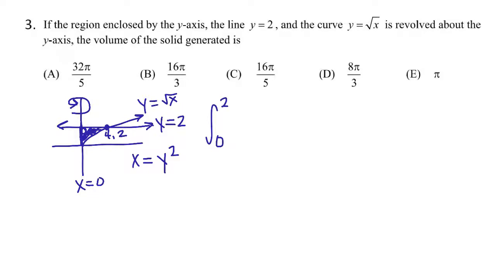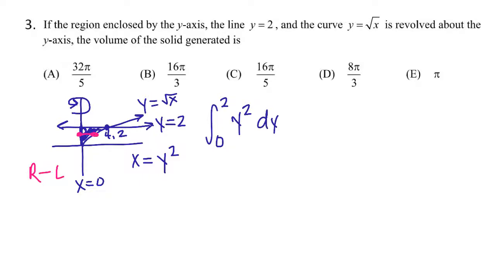And our r here, we won't have a little r, but we will have a big R. And that's going to be from our function to the axis of rotation. We always do right to left. So our right function here is going to be y squared dy. There's no little r.